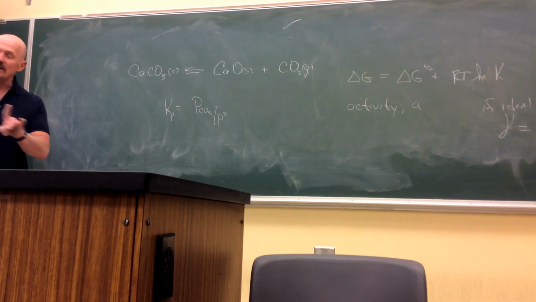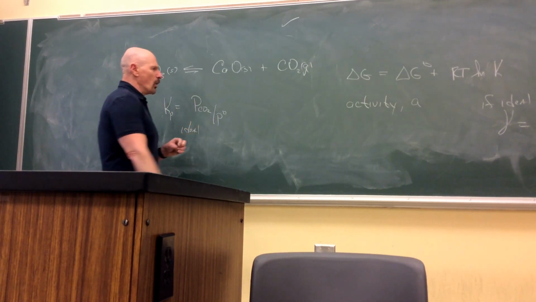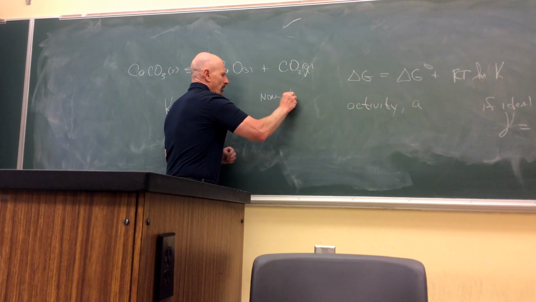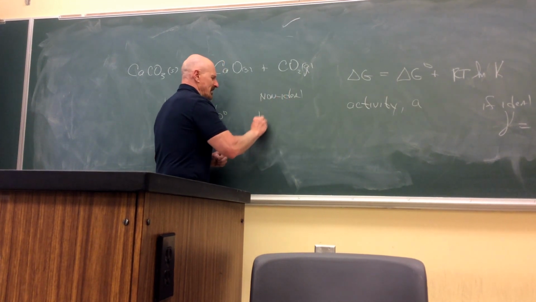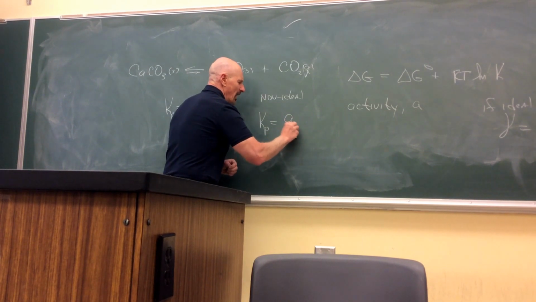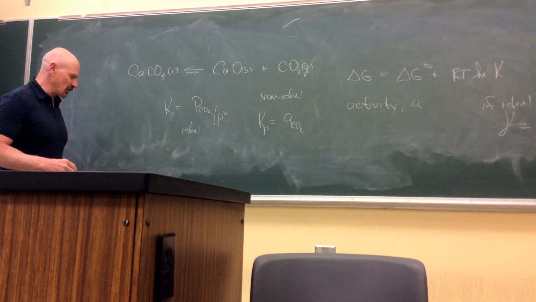Now we have a new condition. This is ideal. Now we're going to have non-ideal. I'm going to write that Kp is equal to the activity of CO2. So that's now the answer.